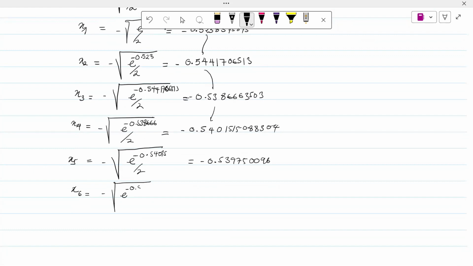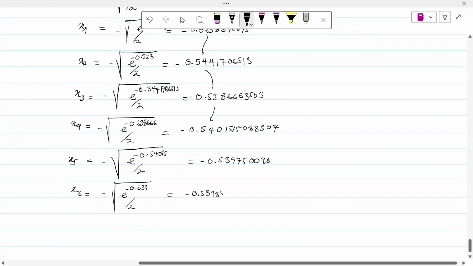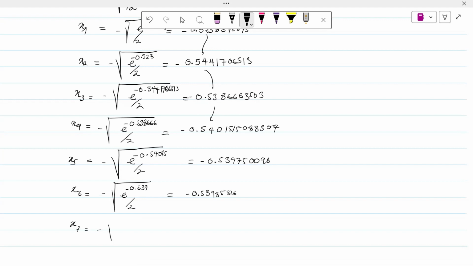Negative 0.53, 985, 826. So it seems like it's still just swinging between those points, right? But that doesn't mean you are diverging. Is this diverging or converging?